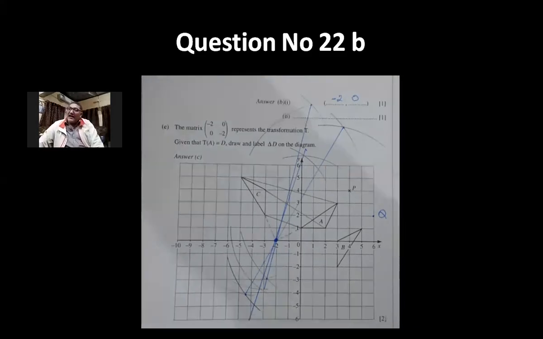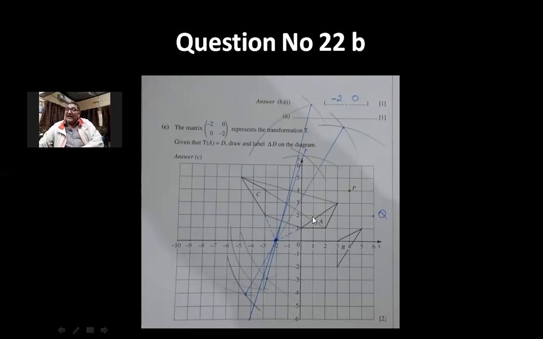So then I will join the same points with the center of rotation. Once I know the center of rotation, then I will join, for example, this and these are the same points. So I join them with the center of rotation with these dotted lines. You can see I've joined them. Then I will check how much the angle between them is. And with the help of the protractor, when you measure this angle, you will find this angle is 90 degrees.